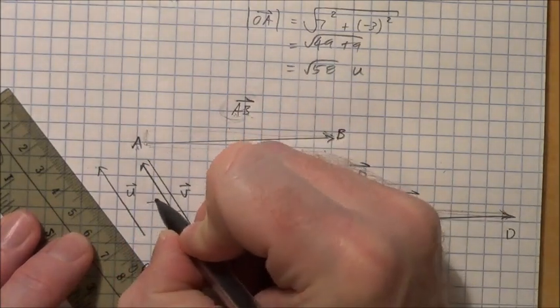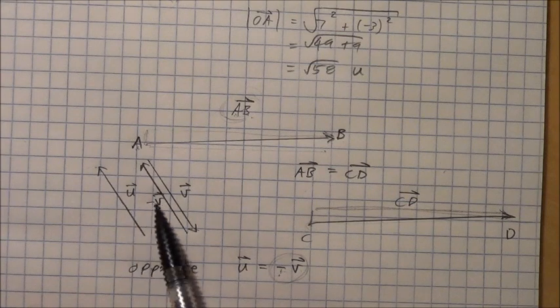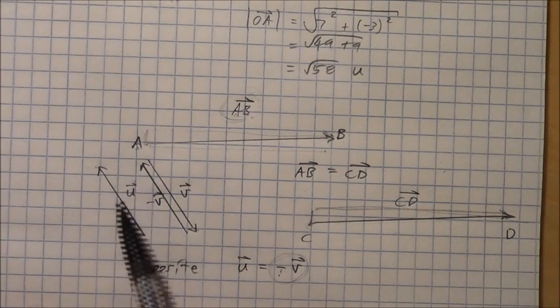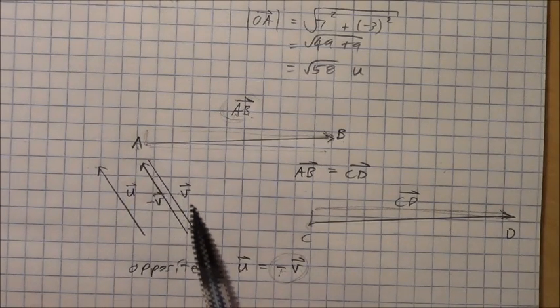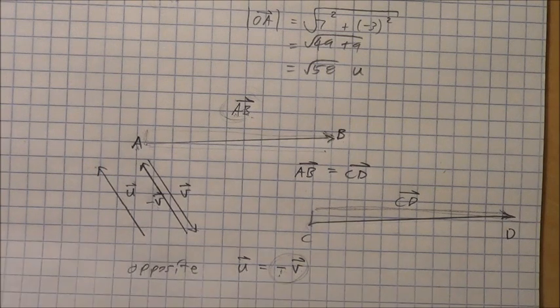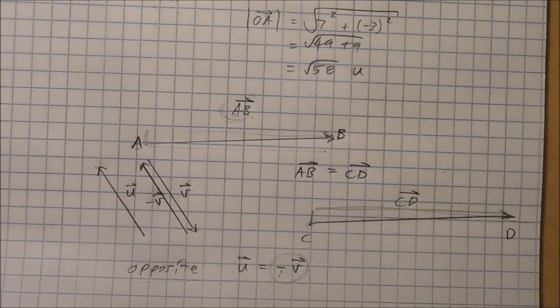So this is now negative vector V here. So vector U equals negative vector V. Or we could state that vector U is equal to the negative of this vector V, meaning of course that it would turn around to give that. Okay, so these are opposite vectors because they're parallel, but they're pointing in opposite directions.